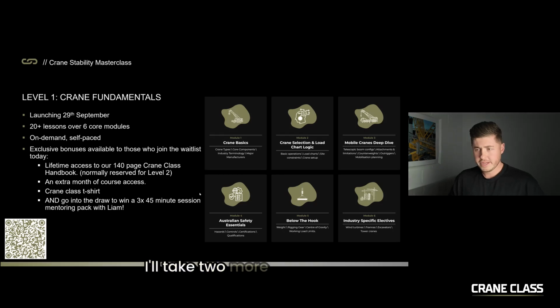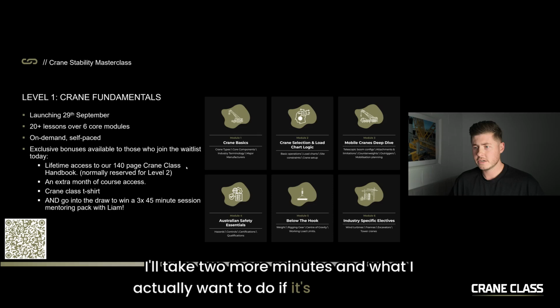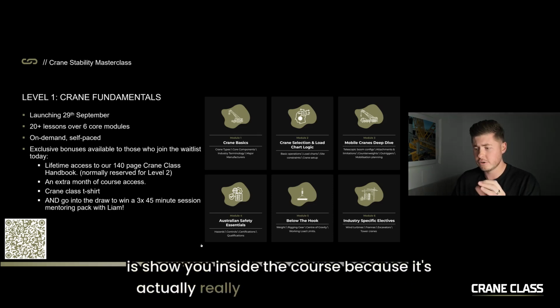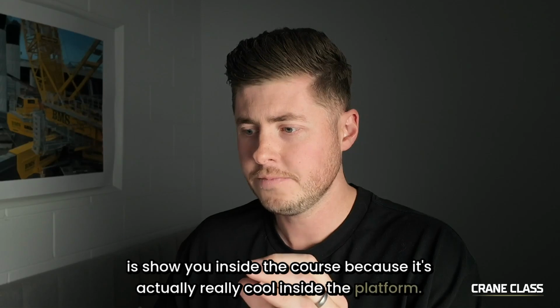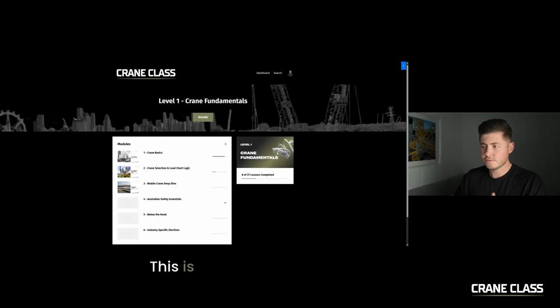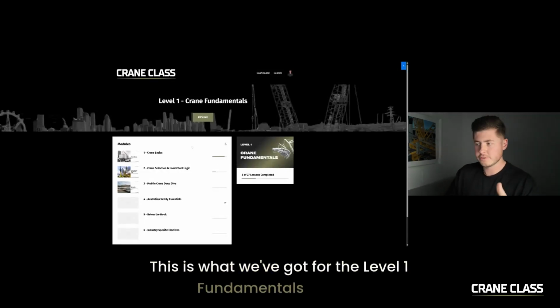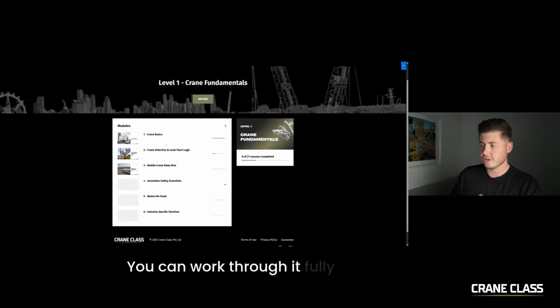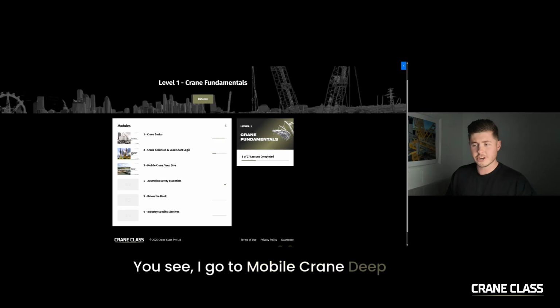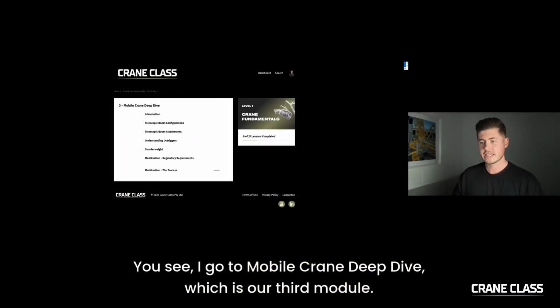I'll take 2 more minutes, and what I actually want to do, if it's going to let me, is show you inside the course, because it's actually really cool inside the platform. This is what we've got for the level 1 fundamentals course. You can work through it fully online within this platform. You see, I go to Mobile Crane Deep Dive, which is our 3rd module.